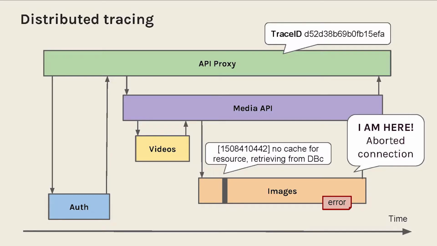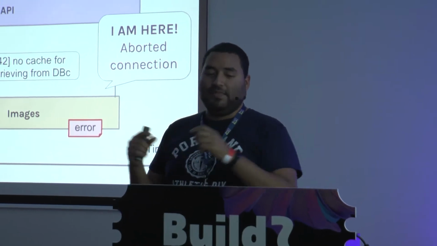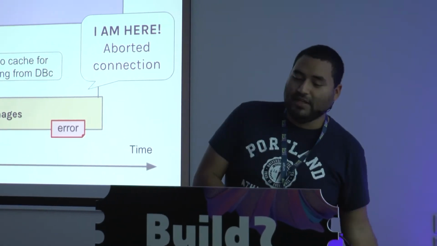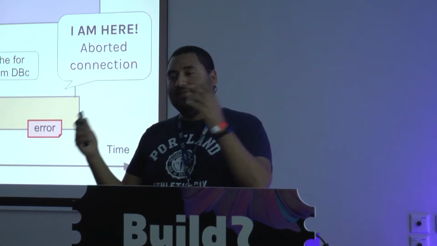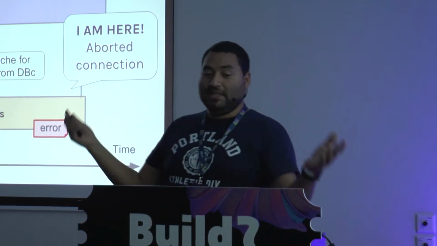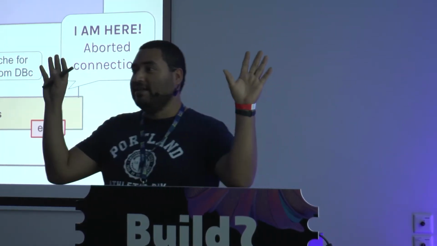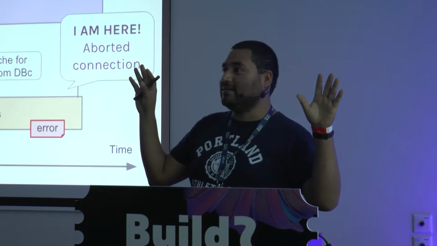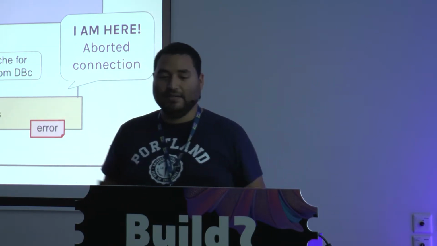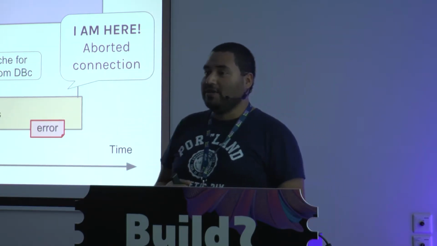You can see that the API proxy requested the out service, then the API proxy requested the media API, which requested the video service, and then it requested the image service, right? And you can even see the error yelling at you, saying, hey, I am here. It's an aborted connection, right?